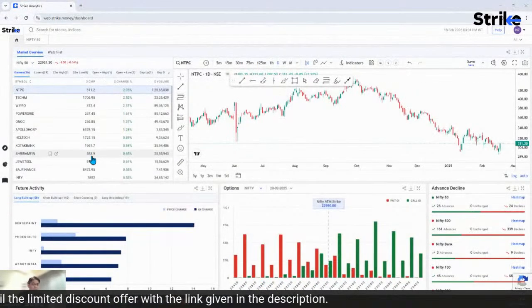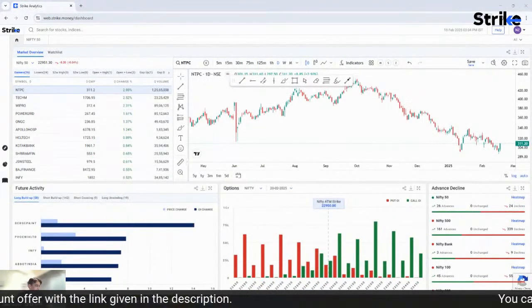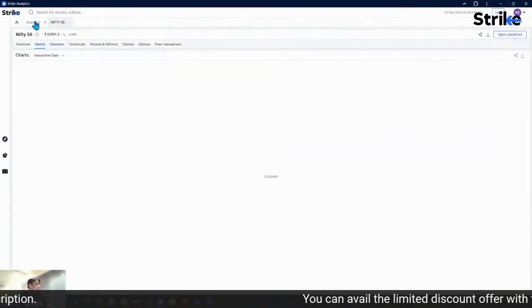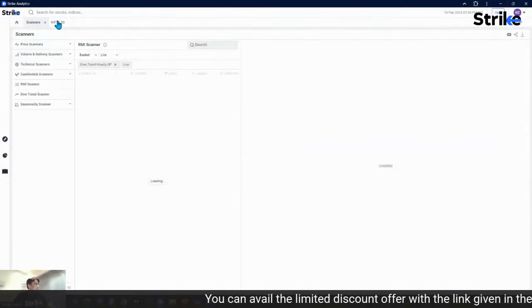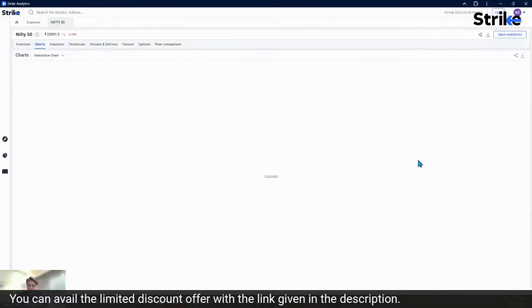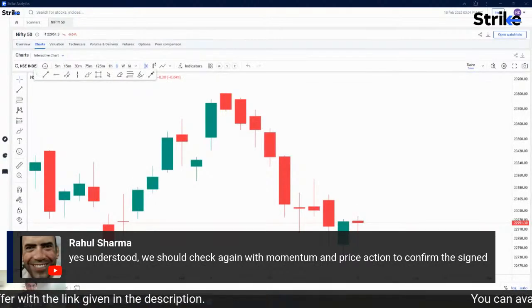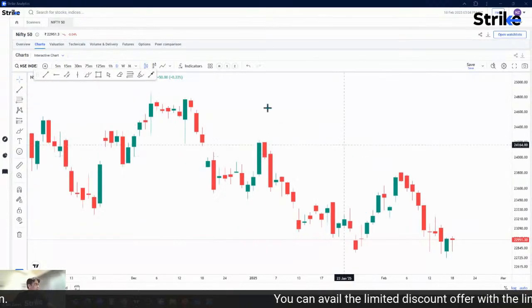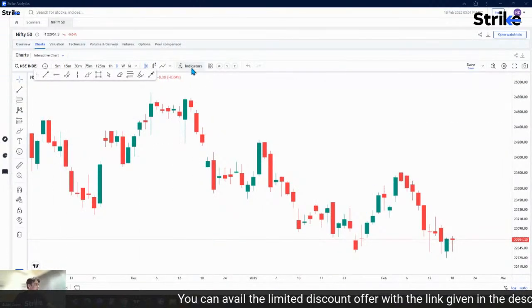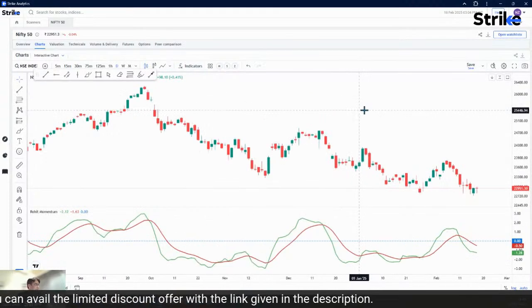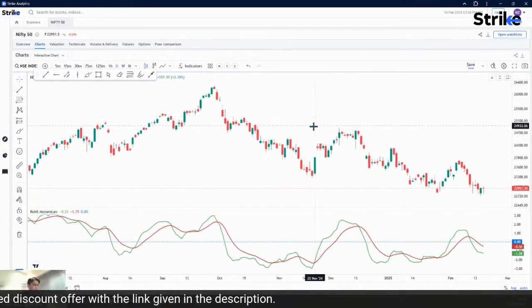Now my friends, coming back to this particular screen over here. So when we are talking about multi time frame, absolutely right, Rahul. Now on this Nifty daily chart, I'll put up RMI indicator over here. So we have this RMI indicator loaded.